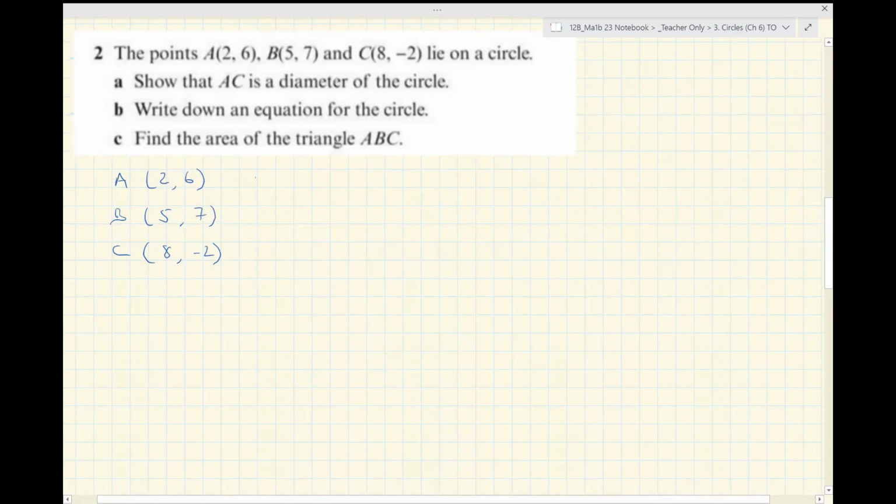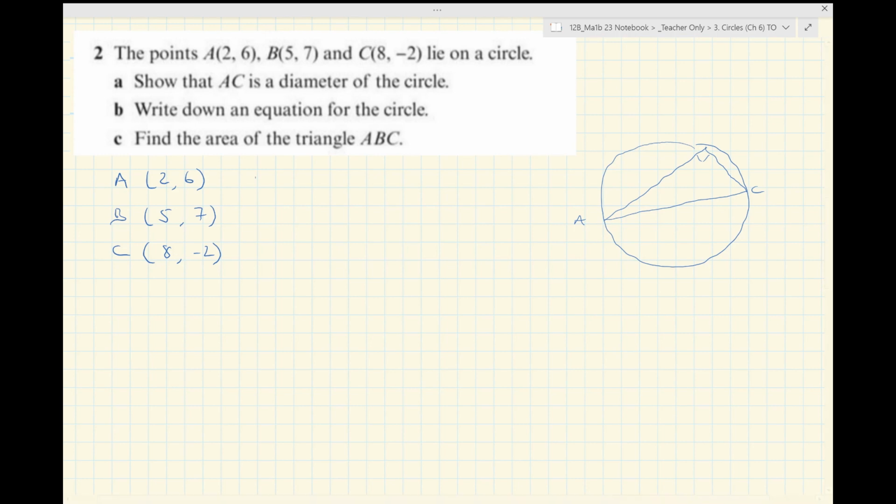Question 2. I've got 3 points which lie on a circle, and I'm asked to show that AC is the diameter of the circle. Well, if AC is the diameter of the circle, then the triangle ABC must be a right-angled triangle, because triangles in a semicircle are right-angled triangles.